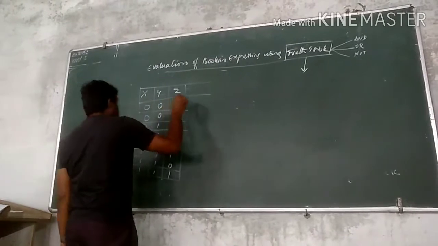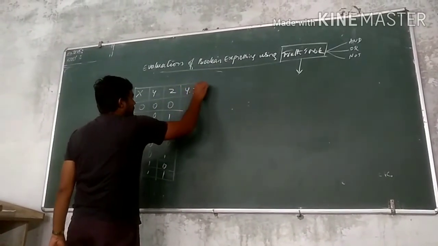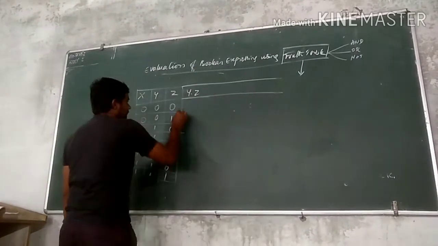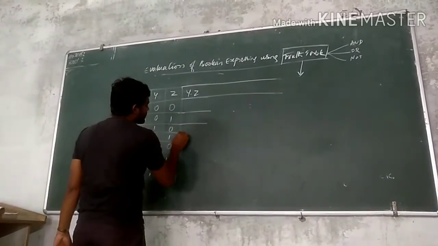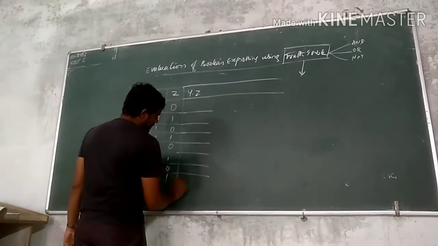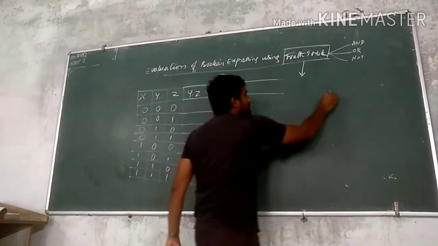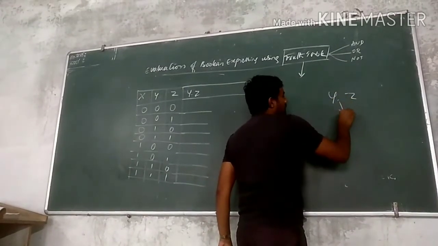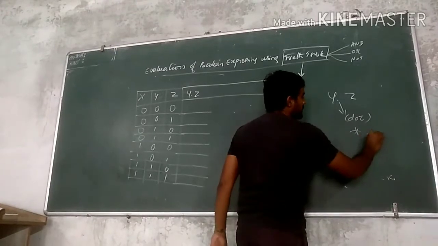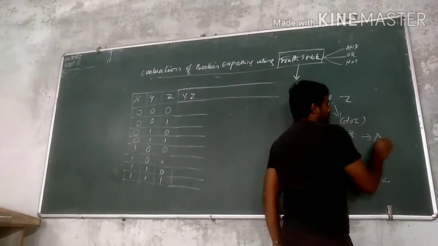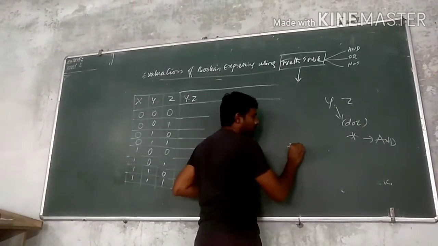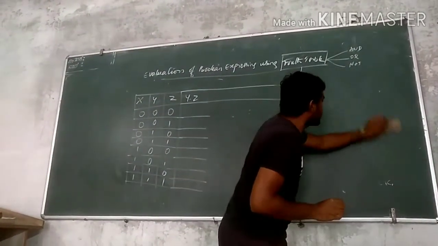Take an example, that is y dot z. How to calculate this y dot z here? The dot indicates multiplication, that is the AND operator. So what exactly is the AND operator saying here?